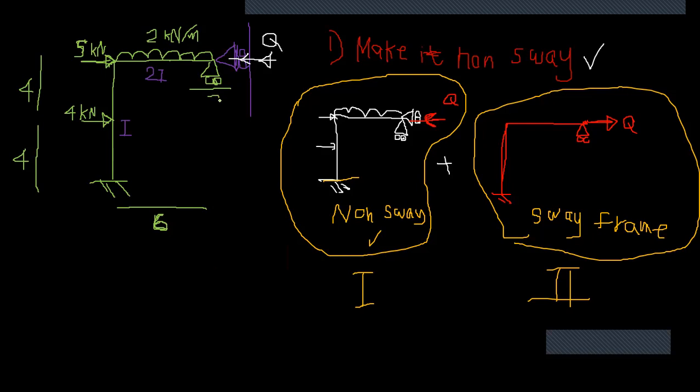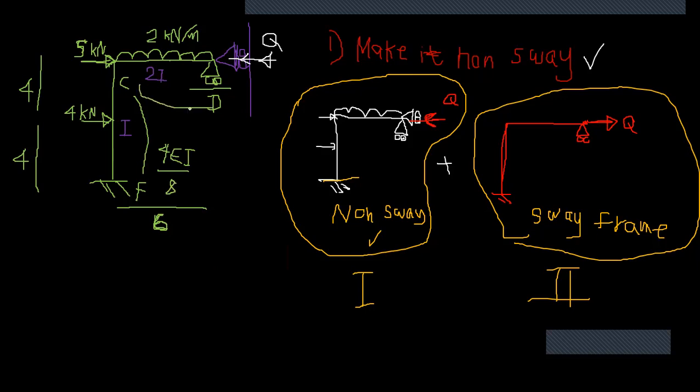Here it is continuous. Here it is fixed. So here the stiffness would be 4EI over L. E is not given, so that means E is the same, and I is just I over 8.